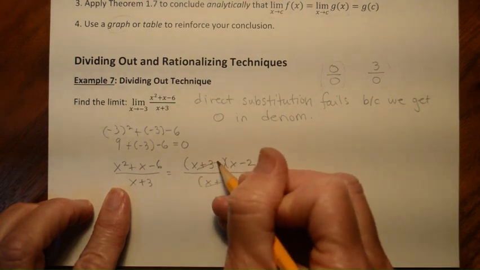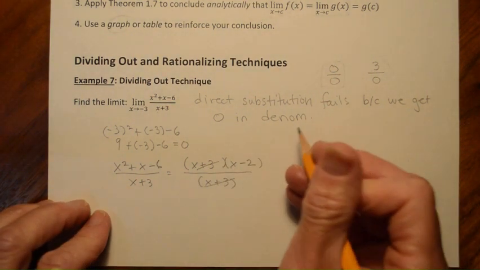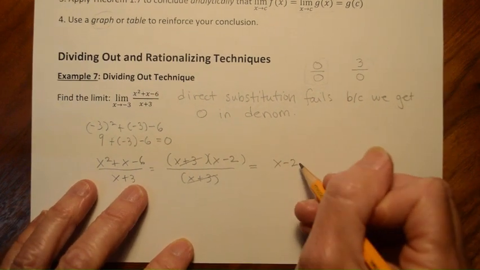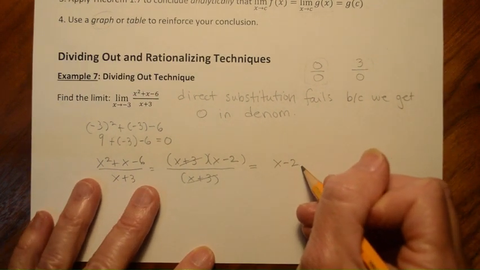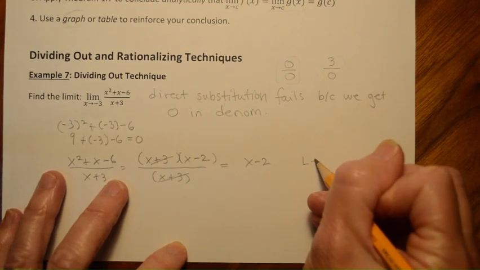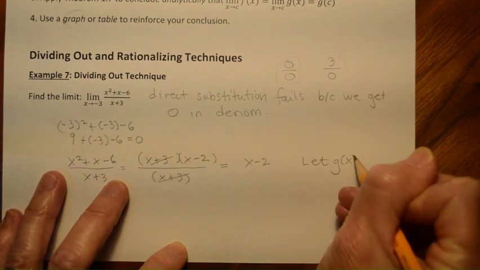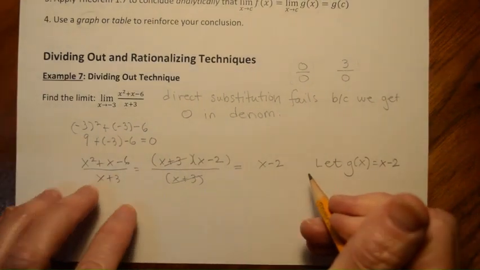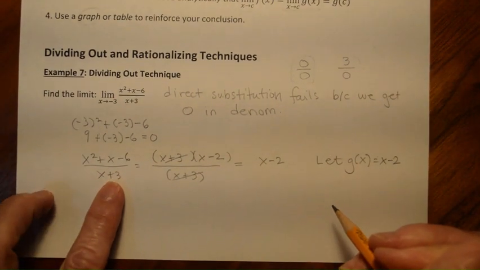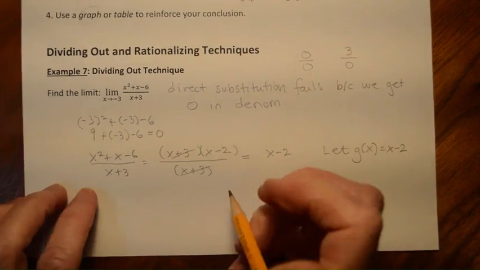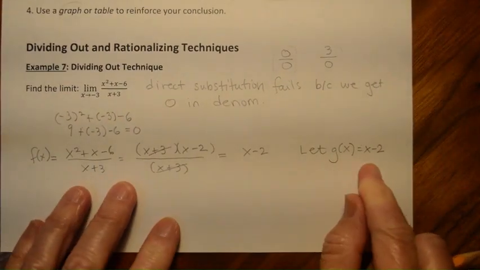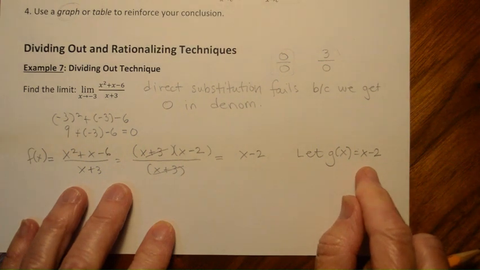Then we can cancel out, and we end up with x minus 2. This right here is what we're going to choose as g of x. So let g of x equal x minus 2. Everywhere except -3, this function f of x is exactly the same as g of x.